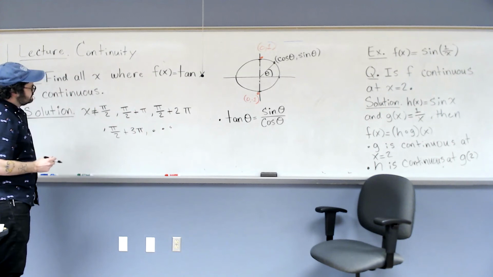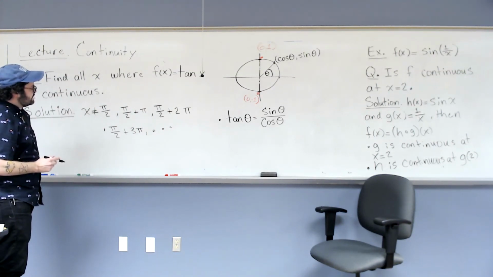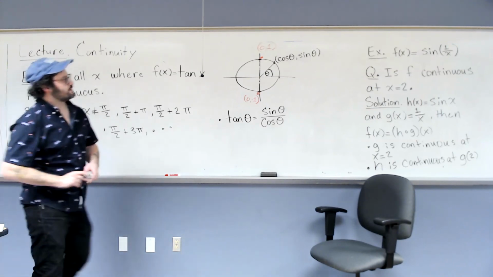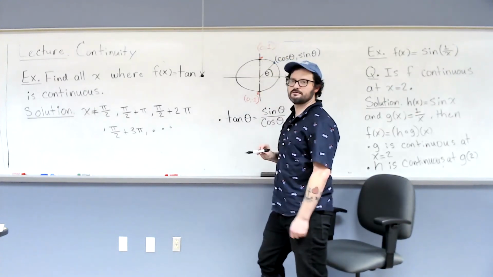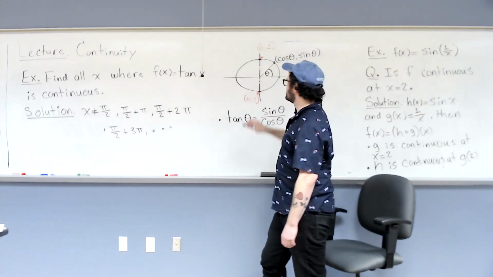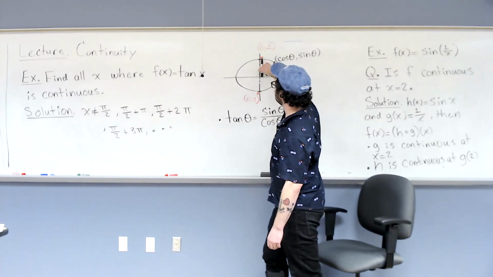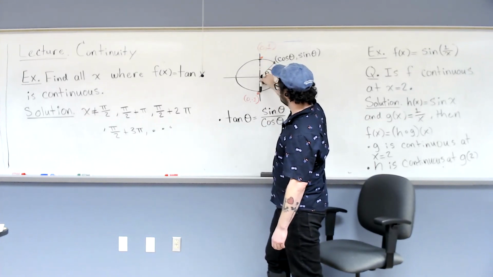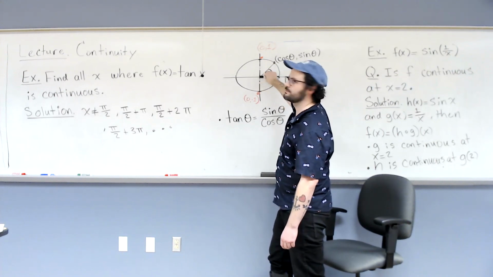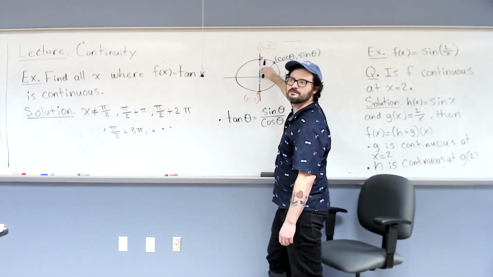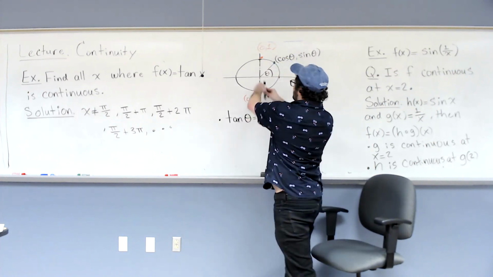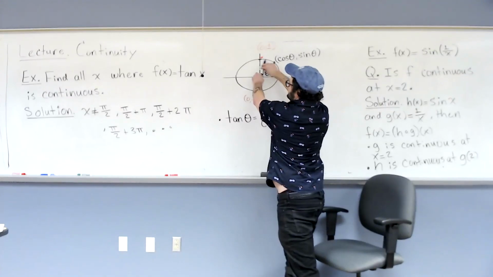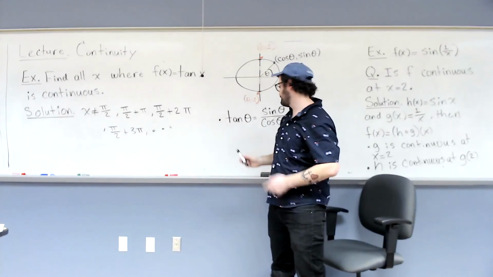Okay. Well, we at least know something. We know that no problems will occur from here to pi over 2, right? So it looks like from there to there, we're good. But also from here to there, right? Not inclusive, like every angle in between. It'll be fine in there. There'll be no division by 0.